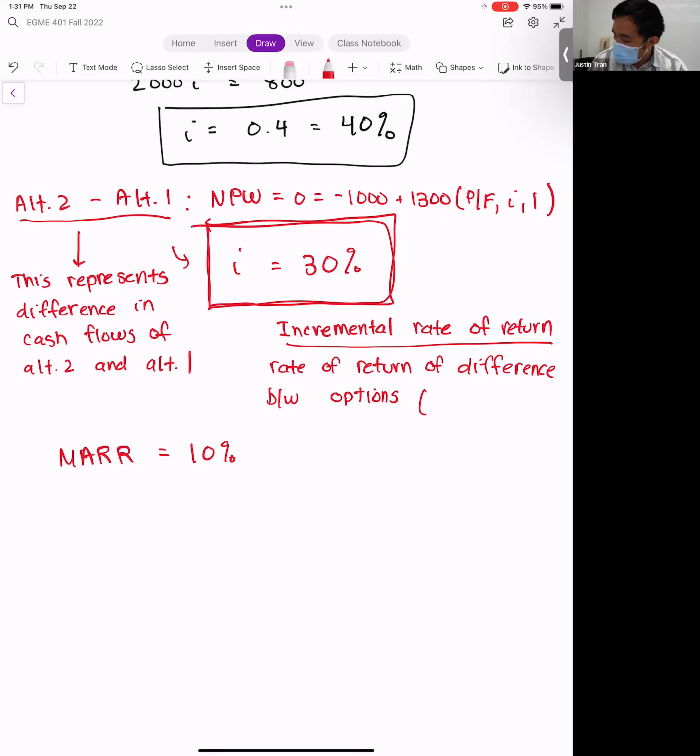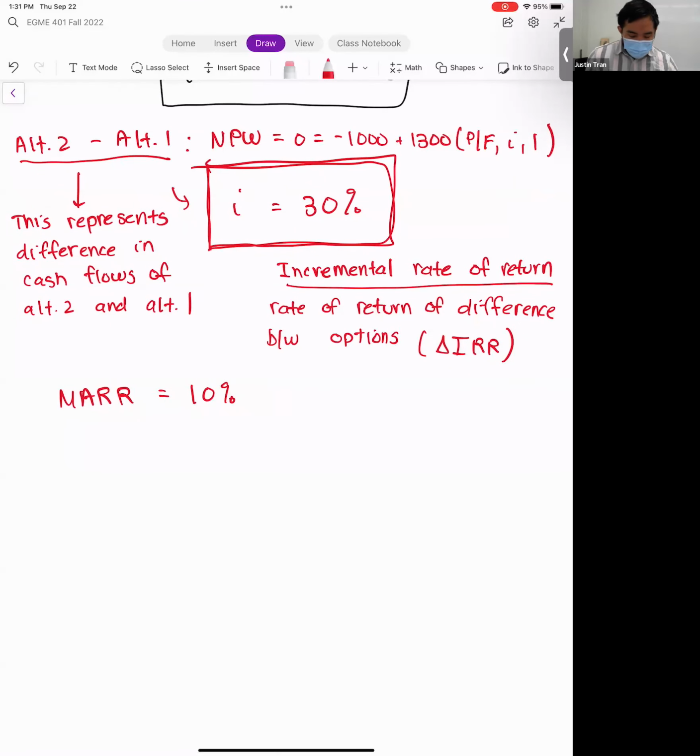Usually we give this the symbol delta IRR. Then in order to make a decision on which option you should choose, you need to compare the delta IRR to the MARR. So lots of acronyms, but the alternative is saying the full name, which is really long. Let's summarize this.